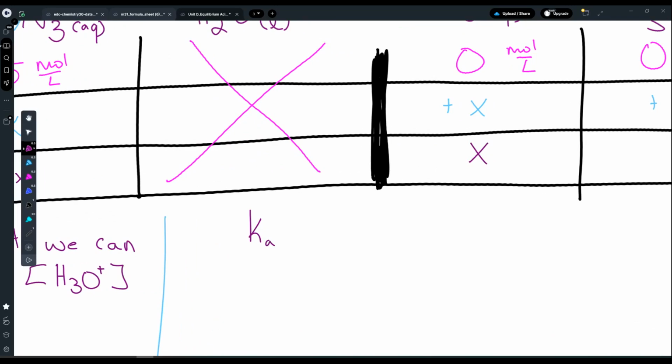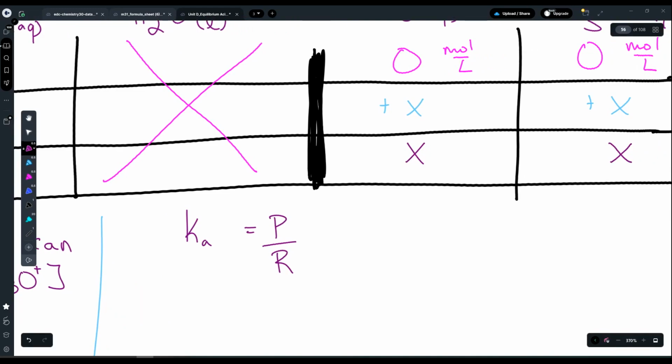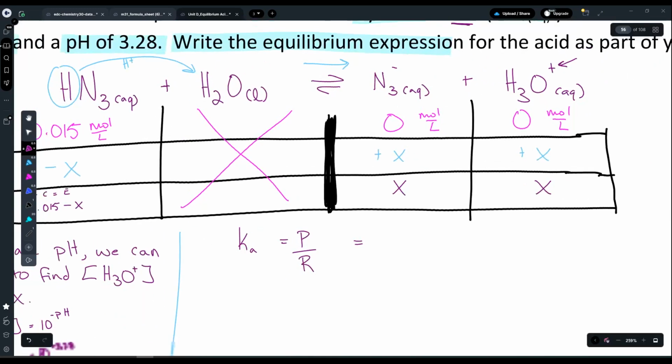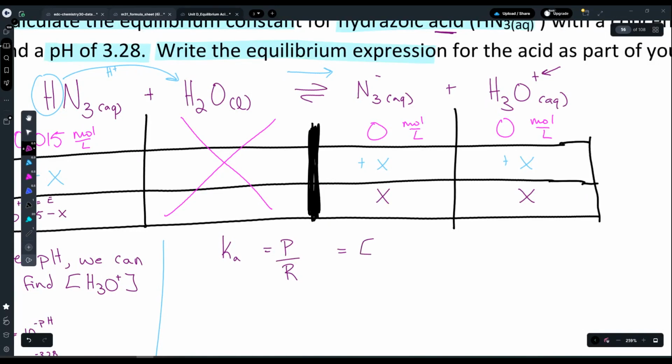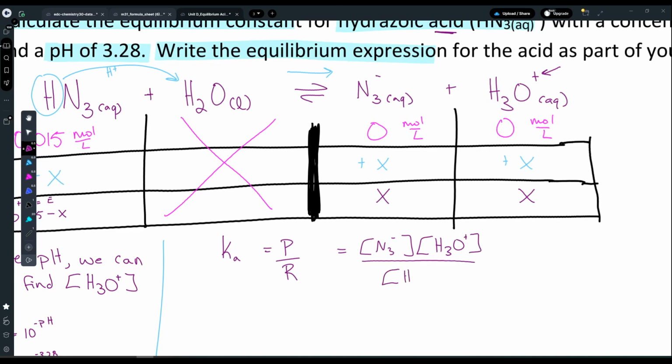So Ka, because we're talking about the equilibrium constant for a weak acid. So I'm just going to use this to help remind myself to put the products in the numerator. So we have the concentration of N3 times the concentration of hydronium divided by the concentration of hydrazoic acid.